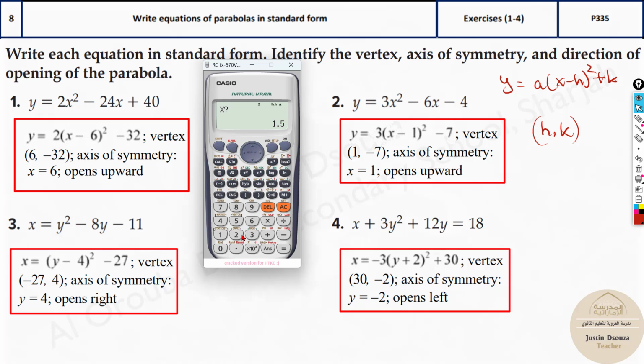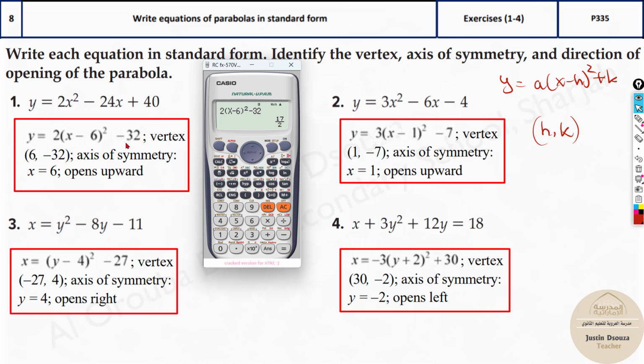So what you need to do is now just press on, and now 2 times (x minus 6) the whole square minus 32. And now calculate at the same x value, that is 1.5, and we will get the same answer. All the other options will give you different, because if it's same, then that's the correct answer itself.